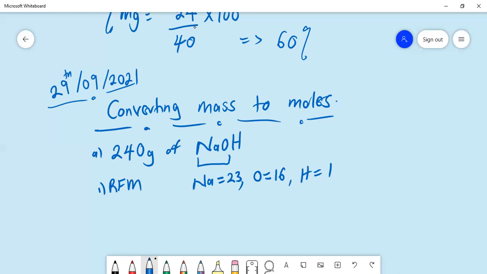This is the formula, meaning we have one atom of sodium, so 23 times 1, plus oxygen is also 1, so 16 times 1, plus hydrogen is also 1, so 1 times 1. That means 23 plus 16 plus 1.